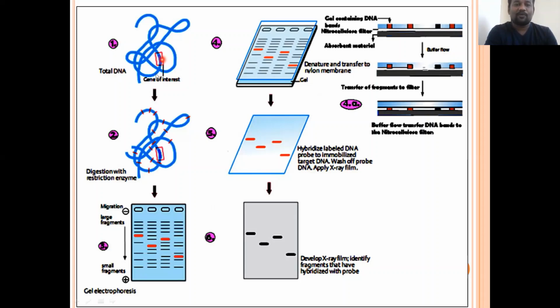The first step involved in blotting is digestion or cutting into small pieces, in order to separate the DNA or RNA or protein of interest from the group of fragments. The longer DNA can be cut into small pieces with the help of restriction endonuclease enzyme. So this is the DNA of interest that we are going to detect.